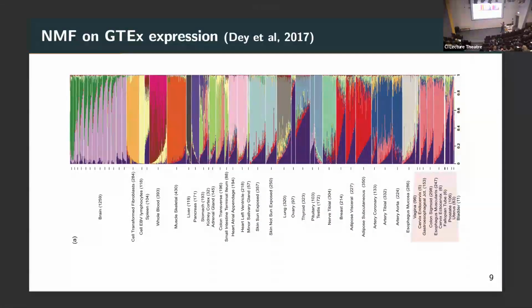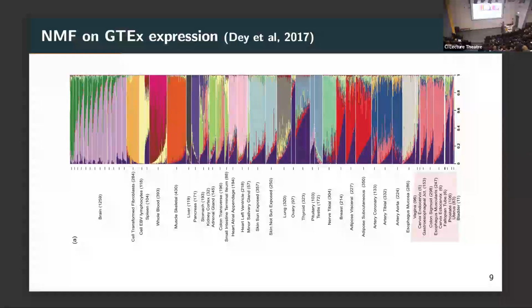What I think is particularly interesting is the potential for the representation to highlight similarities between two groups. So this is the tibial arteries, and these are actually from the esophagus, but when you look at the genes involved in this salmon component, you see it's genes that are involved in smooth muscle.